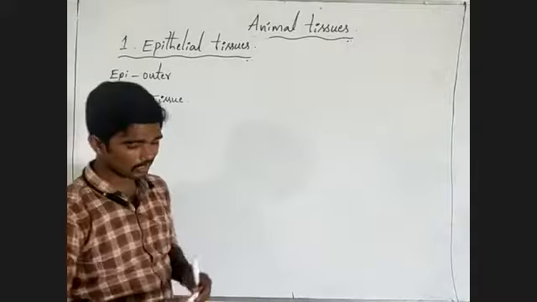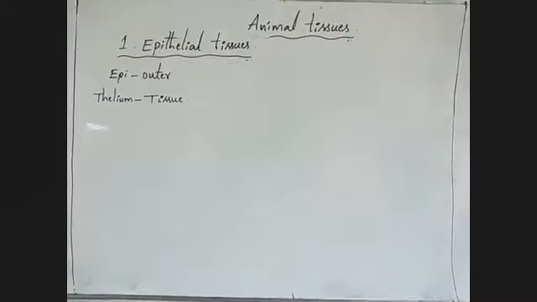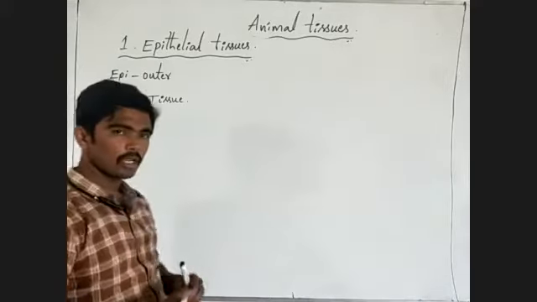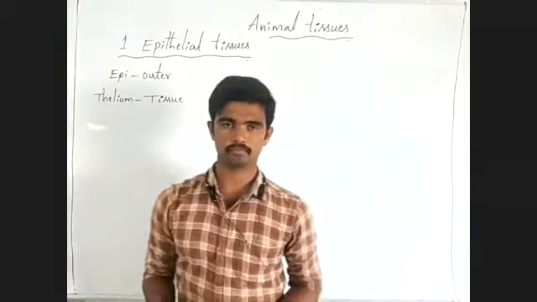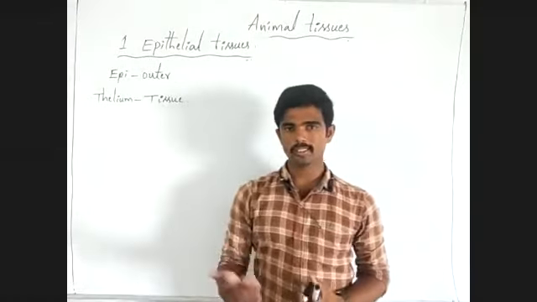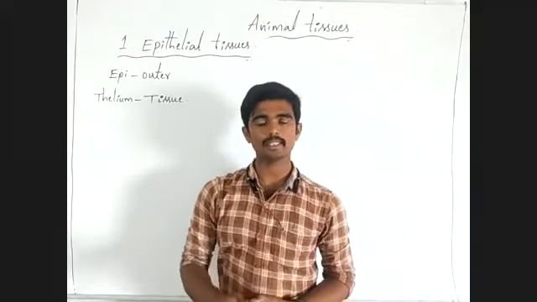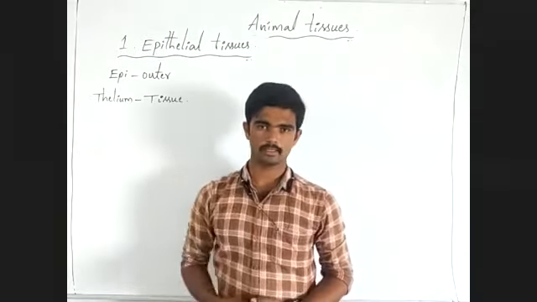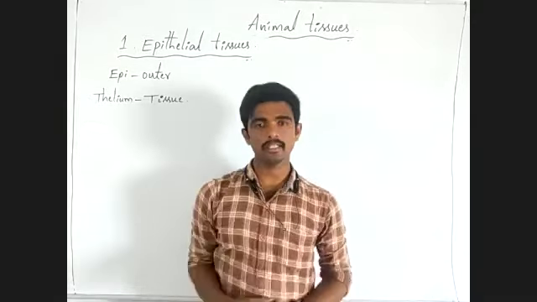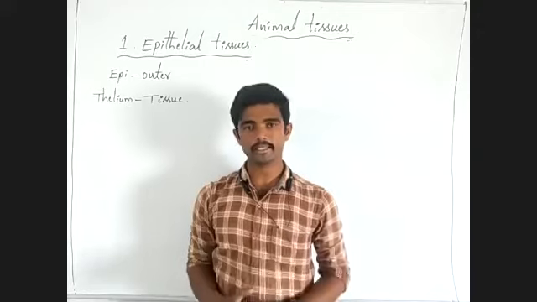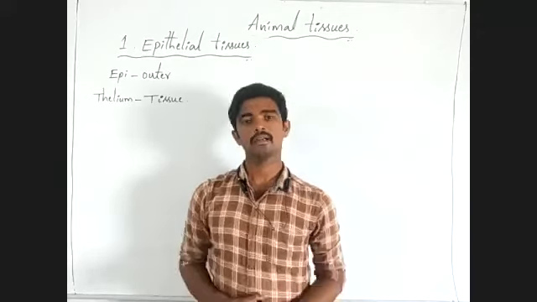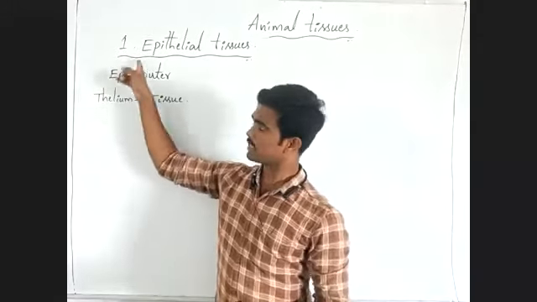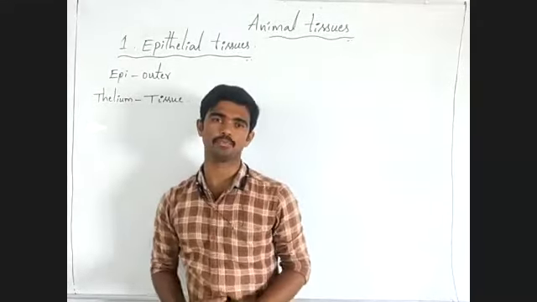Epithelial tissue is present on the outside or inner side of different organs. The outer covering or inner lining of the organs and cavities is made up of, or lined by, this epithelial tissue.